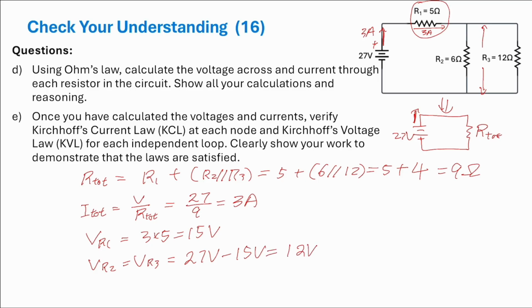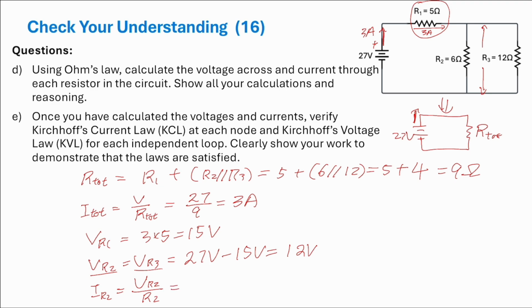And the current passing through R2 and R3, because now we find the V over R2, we find the V over R3. So the IR2 is V across R2 divided by R2. Ohm's law again.